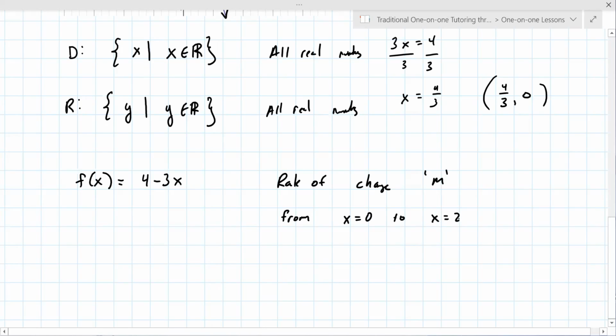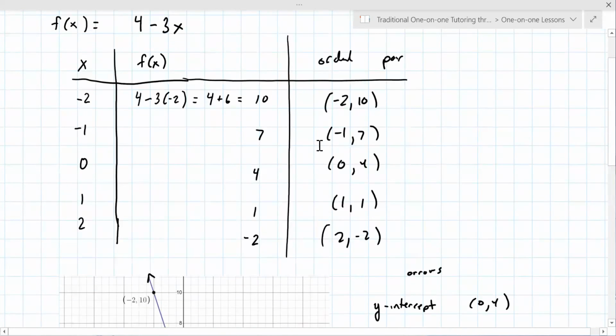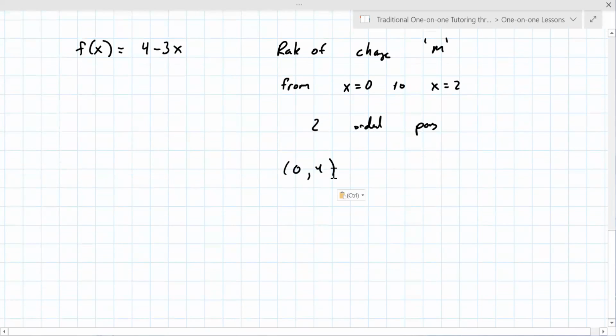Basically what I'm asking for is two ordered pairs, and you already have them from the table. You've got 0, 4, and then 2, -2. Okay, and that comes from putting 0 into the equation and 2 into the equation.